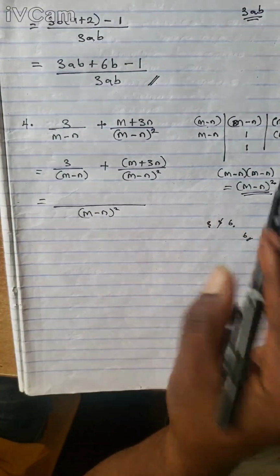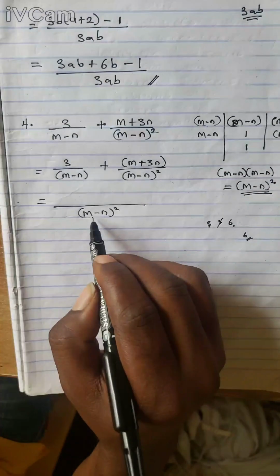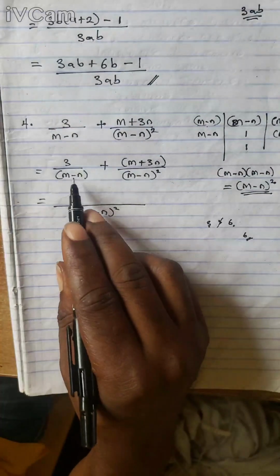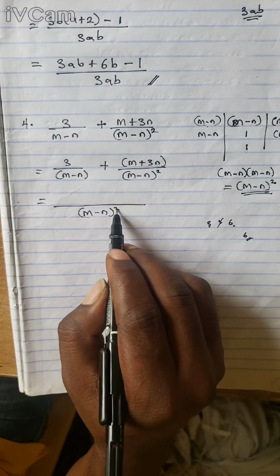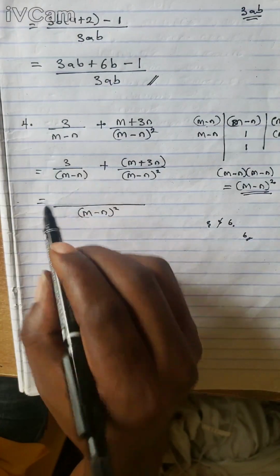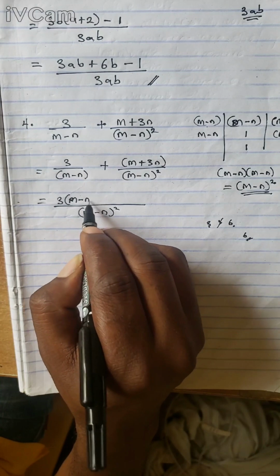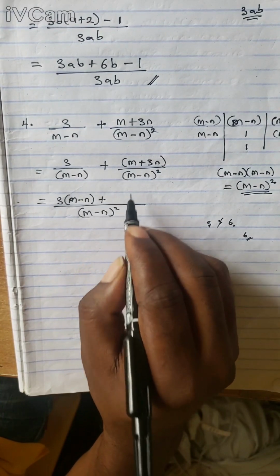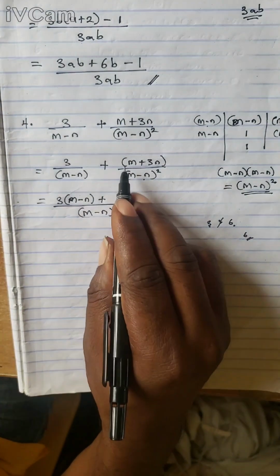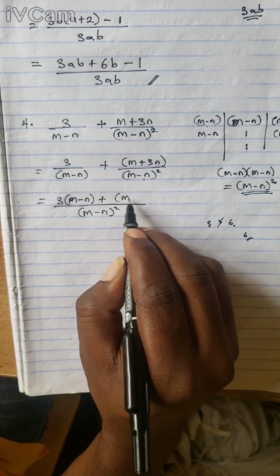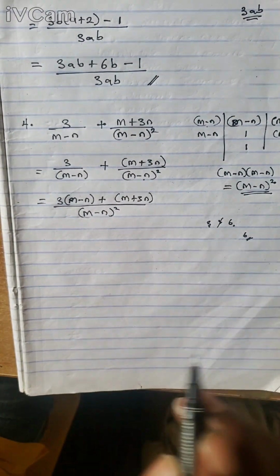So this divided by this will give me another of this, because we have it twice here. So that times this will give me 3 into (m − n), plus this divided by this will give us 1. So 1 times this will give me back my (m + 3n). At this point I have to open my brackets.